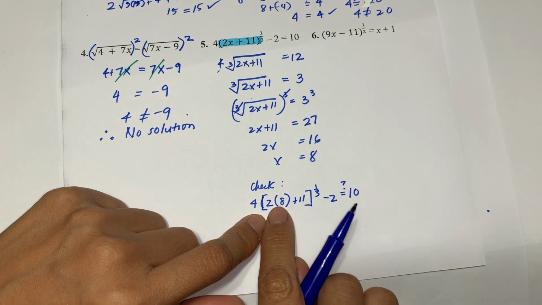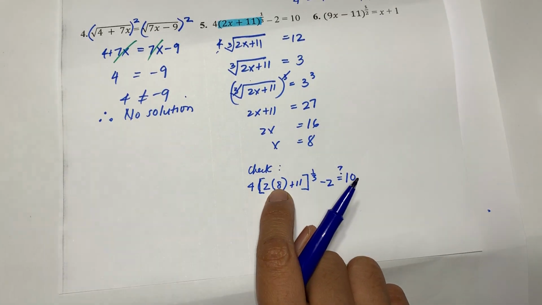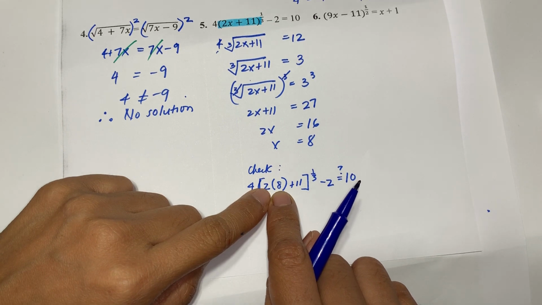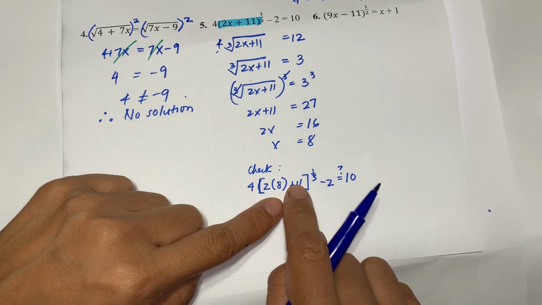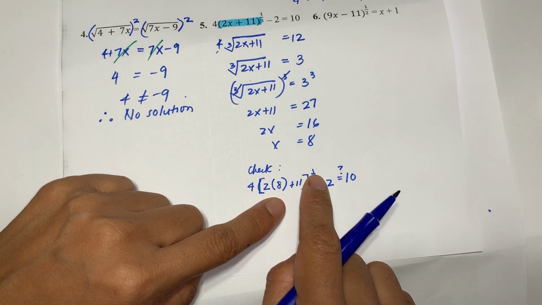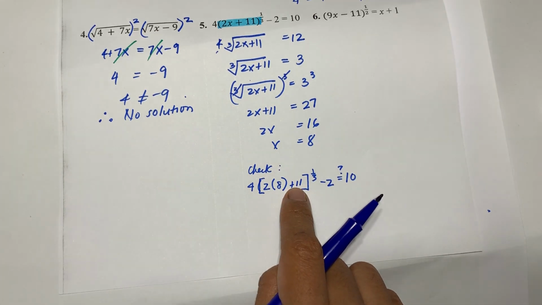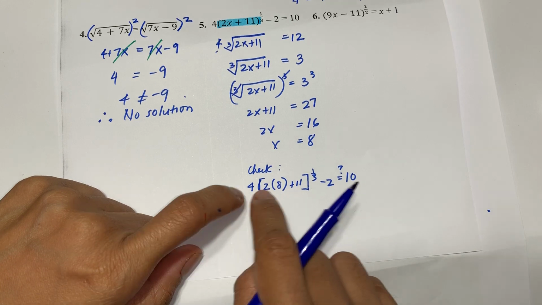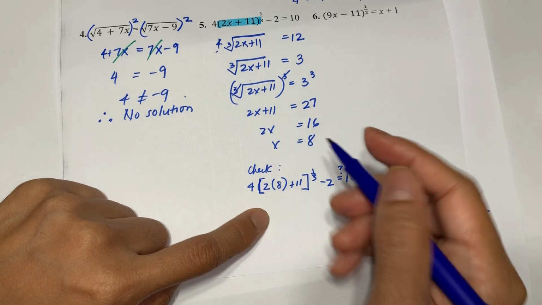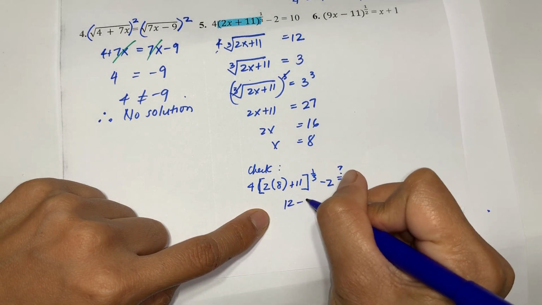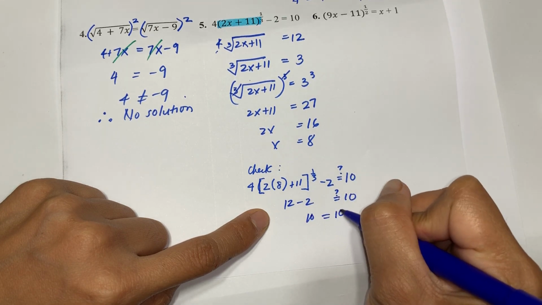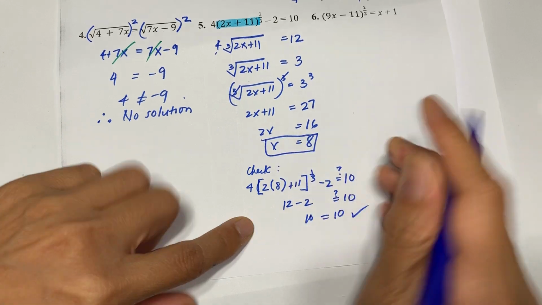Okay, let's just do this in our head. 2 times 8 is 16. 16 plus 11 is 27. To the 1/3 means cube root. So what's cube root of 27? It's 3. 3 times 3 times 3 is 27. 3 times 4 is 12. So 12 minus 2, does it equal 10? Yes, so 10 equals 10. So that works out.